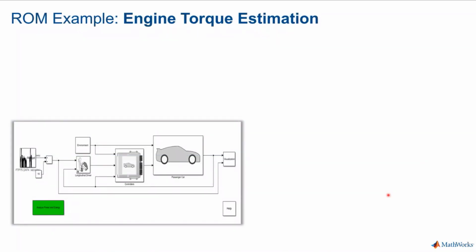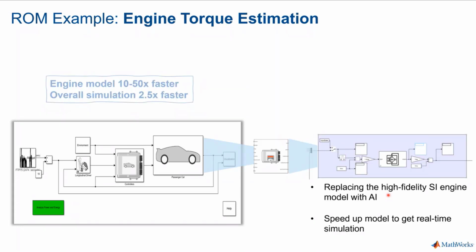One example we could think of is engine torque estimation. We have tested that ourselves. So we want to replace the high fidelity engine model inside the plant model of the car with an AI version to speed up the plant simulation. And the result was that the engine model runs 10 to 50 times faster, and the overall simulation runs about 2.5 times faster.